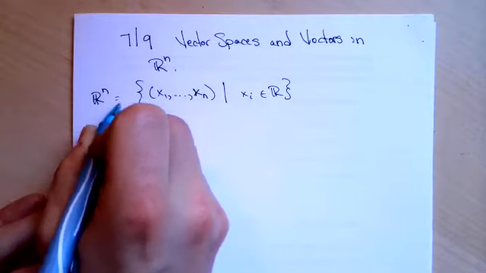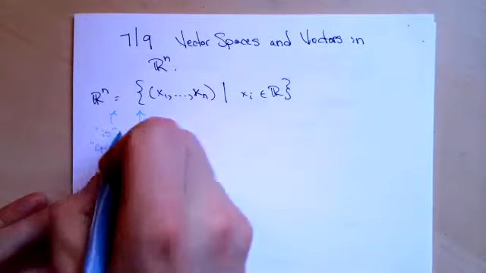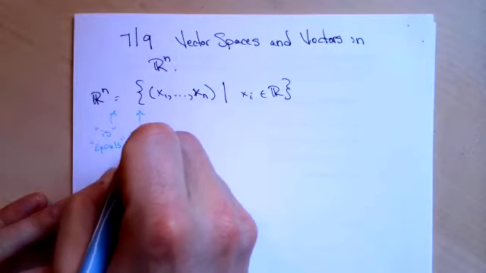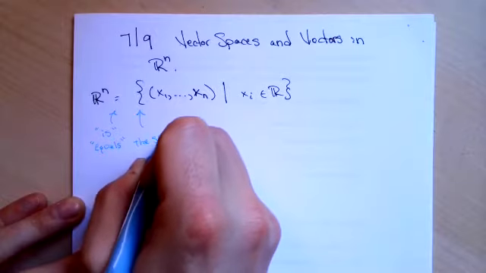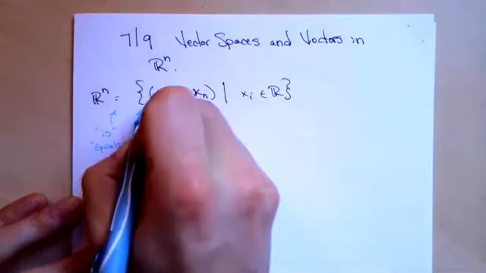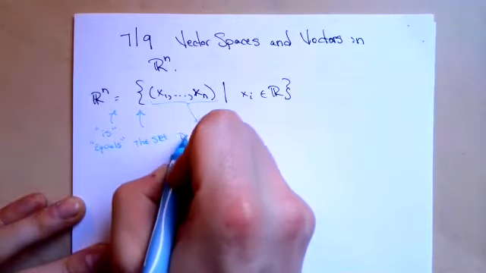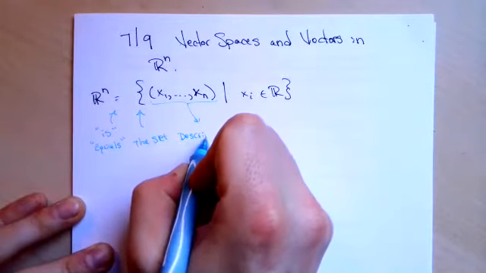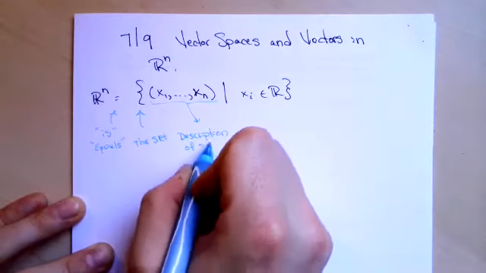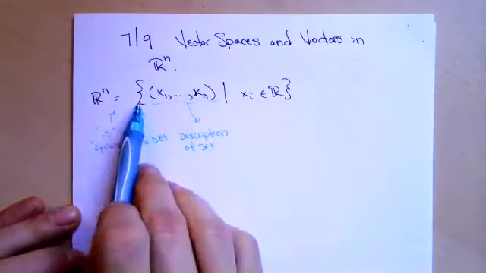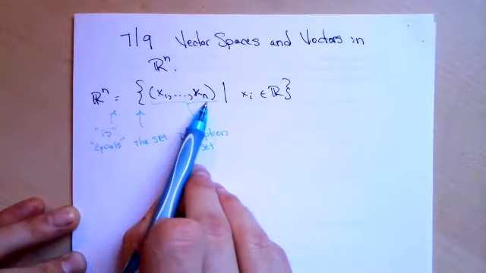So R to the n is, anytime you see this first squiggle bracket, it means a set, or the set. Then we describe the set. In this case, we have Rn is the set of n-tuples.